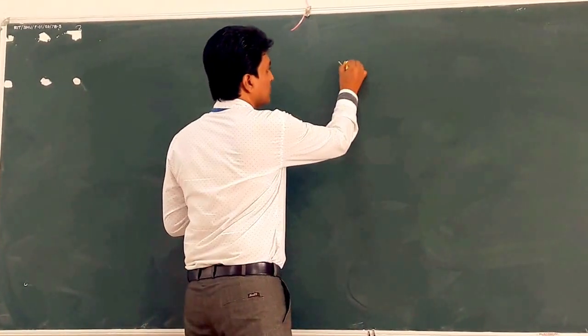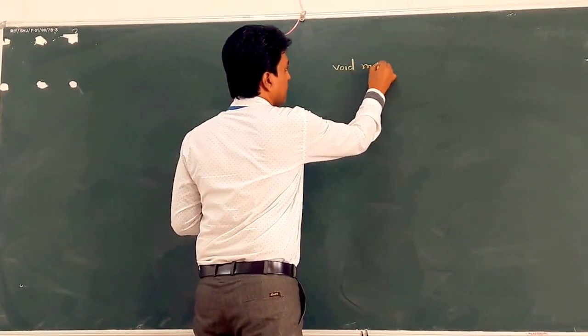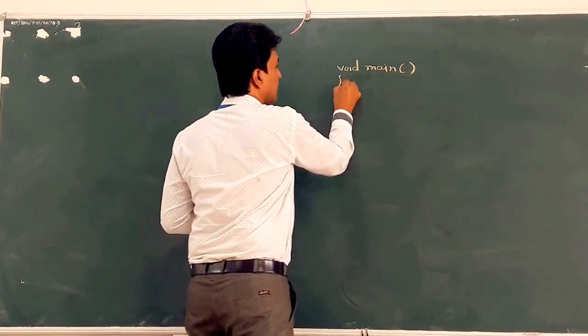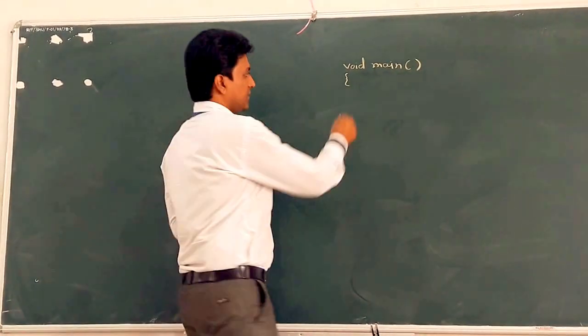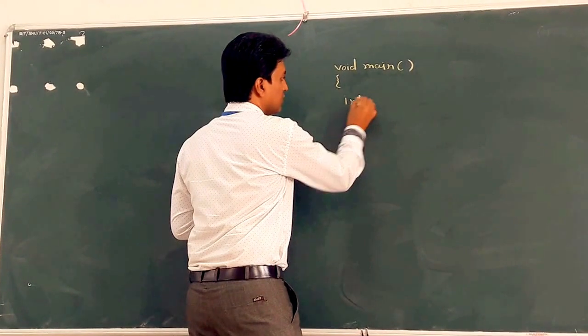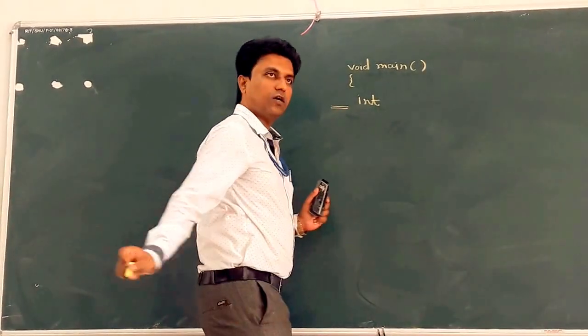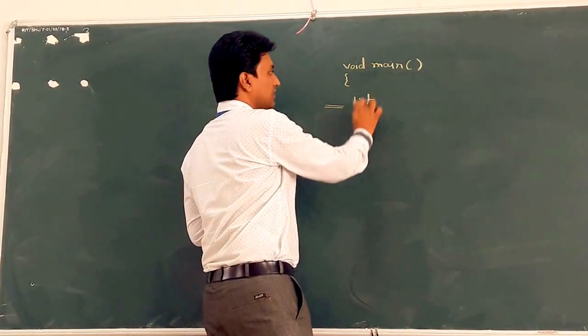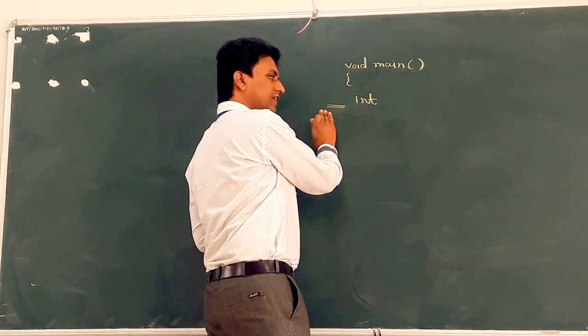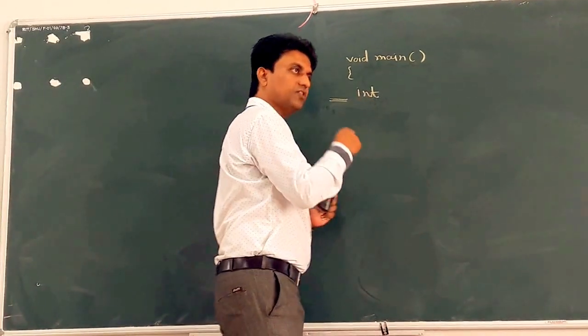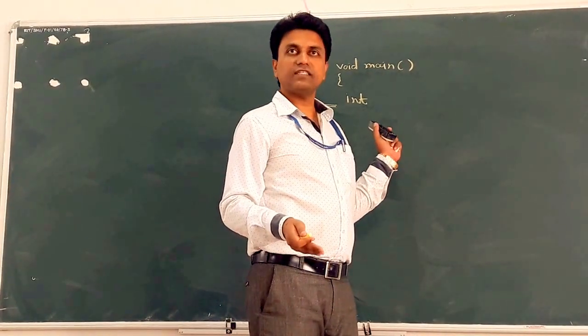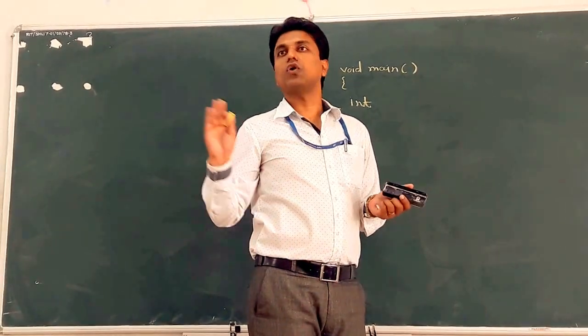So suppose your program starts from main. How to declare an array? First is a storage type, but it is optional. If it is inside the main function and you write static, then that array becomes a static array. If you don't write static, then it becomes a local array.